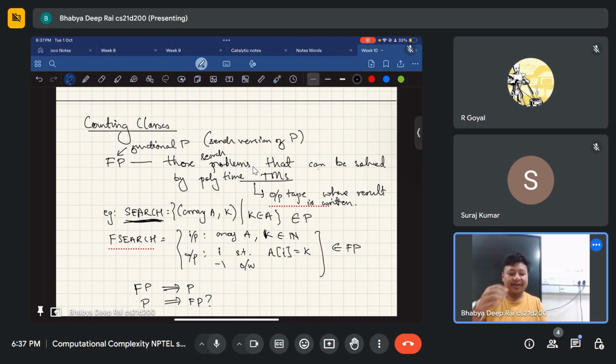Despite this, it's like comparing apples and oranges. Because at the end, you are comparing a decision variant and a search variant, where the search variant is clearly at least as powerful as the decision variant. So you cannot say that P is contained in FP, FP is contained in P, and so forth.